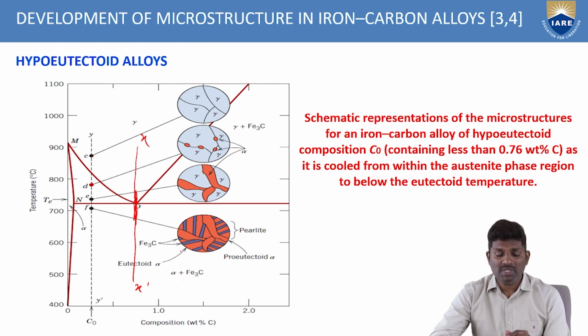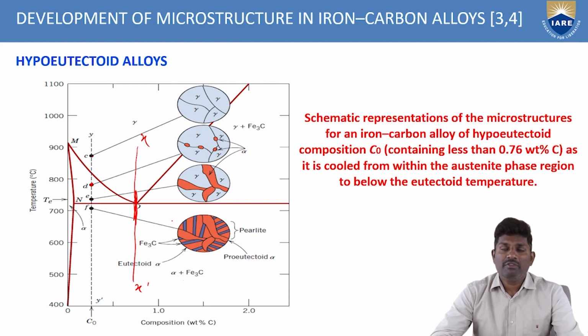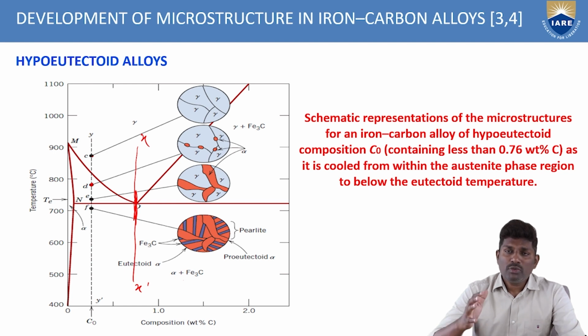All these things you can observe in this phase diagram of the hypoeutectoid alloys. So you have a total of 4 different points in this. Above the eutectoid temperature, that is 727 degrees centigrade, you have 3 different types of microstructures available. And coming below that temperature, at 726, you have the complete transformation of the microstructure.